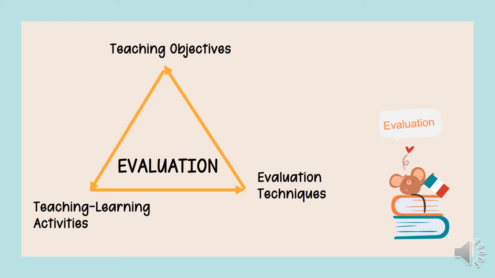In case of failure, the evaluator re-inspects the teaching aims, evaluates the teaching learning activities, and suggests for improvement. This process goes on until the aims are realized. The students learn what we want them to learn, and a desired change of behavior is effected in them.